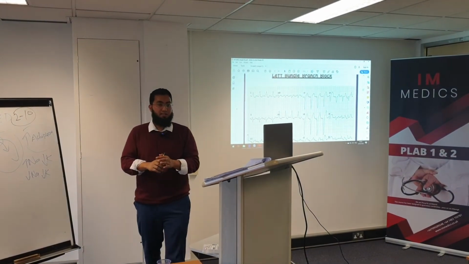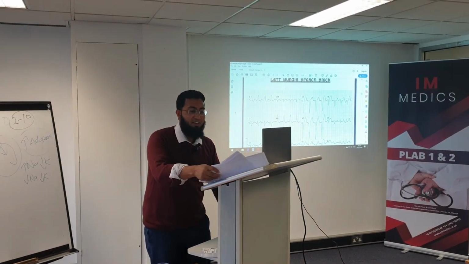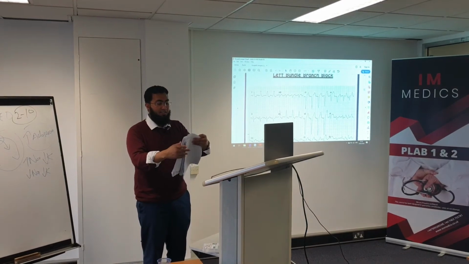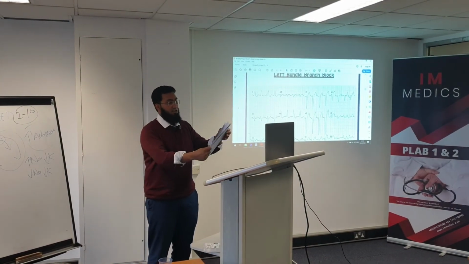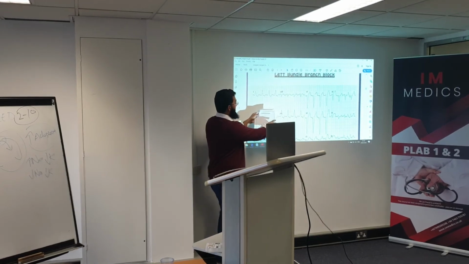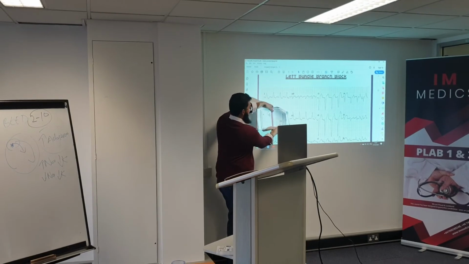How to tell the difference? For the exam, I was taught by one of my seniors, a registrar in cardio, and since that day I didn't forget. You get the ECG, this is the same ECG here, saying LBBB. What you do, you turn it around like this.